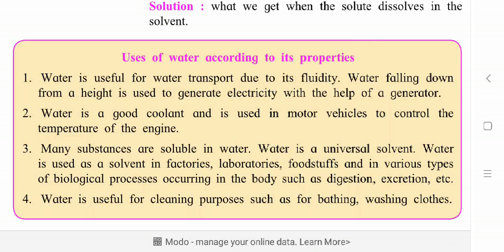Here they give only bathing and washing clothes, but also washing utensils, washing the house, washrooms, toilets, cooking, and we give water to plants and trees. You can make a list of these uses of water. Student, you well know from your primary section till today how useful water is for our body.